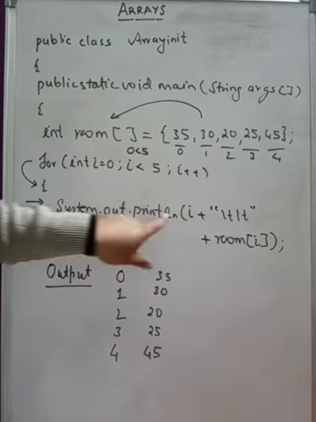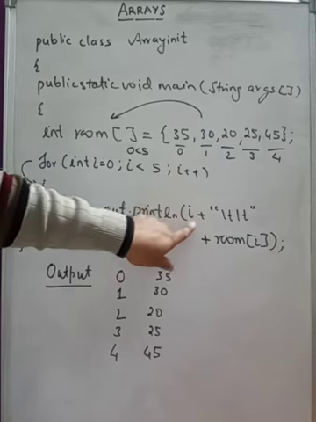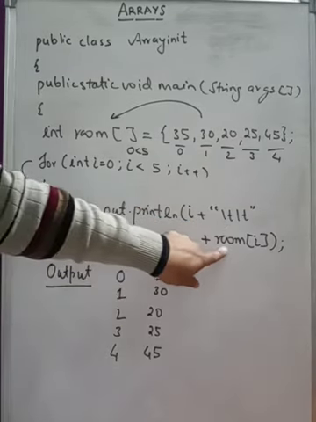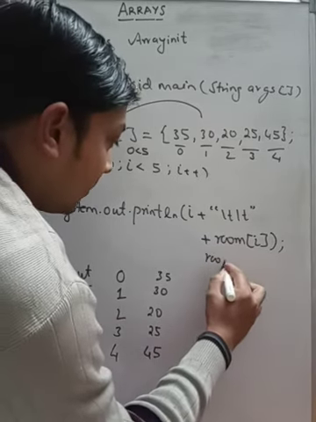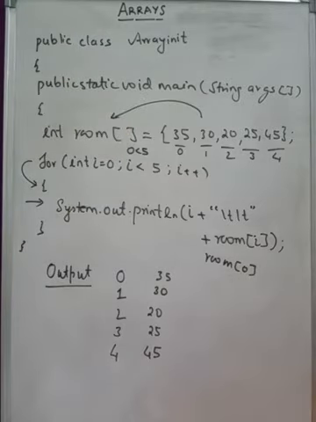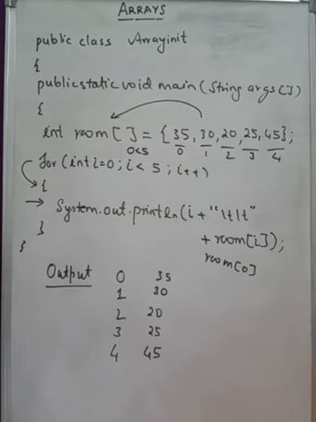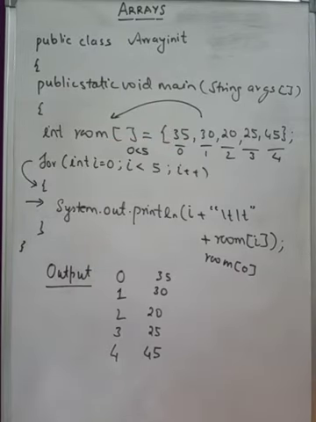The value of i the first time the loop runs is 0, so it will print 0, and after the space the value of room[i], which is room[0]. On the 0th index the element is 35, so that value will be printed here.